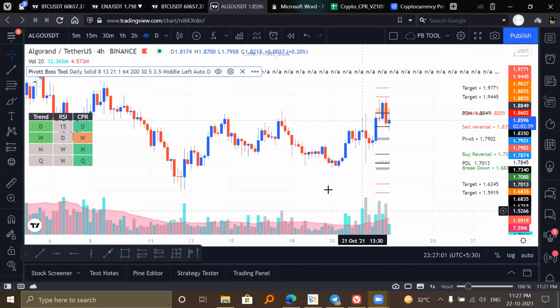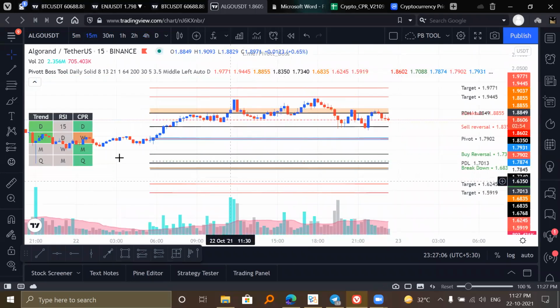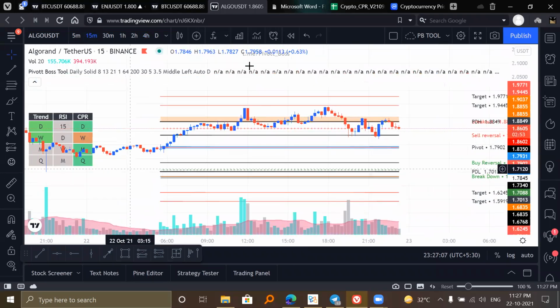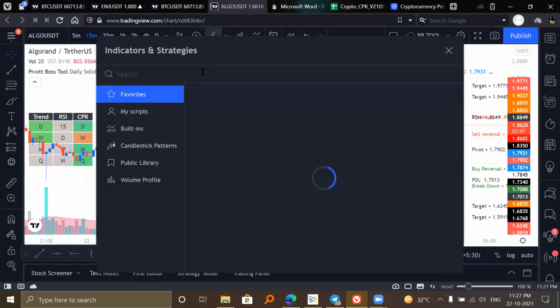Actually, your screen is not visible now, only the DP is visible. Okay, just, yeah, it's visible now, I guess. Yes, now it's visible. Mukkul bhai, is this also in the public library?